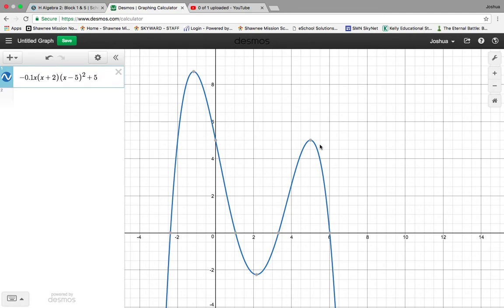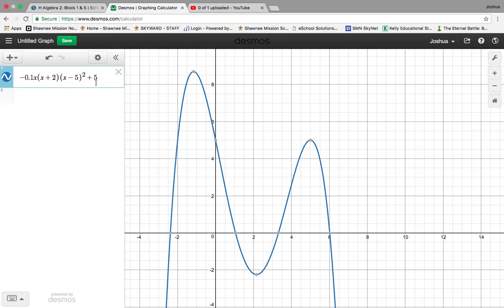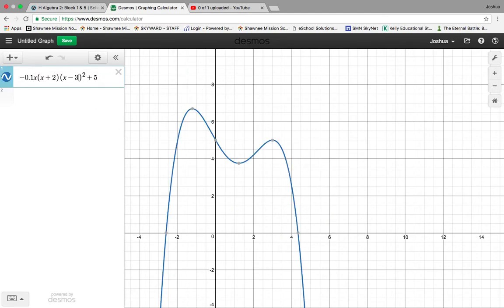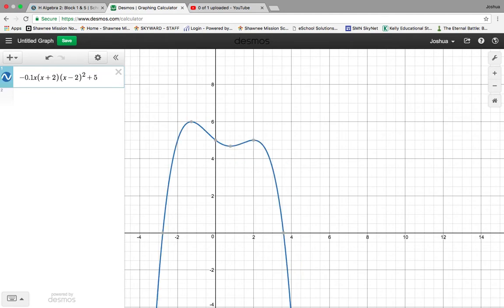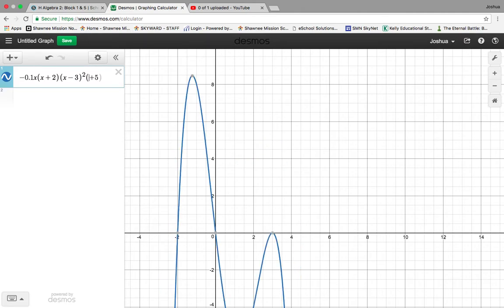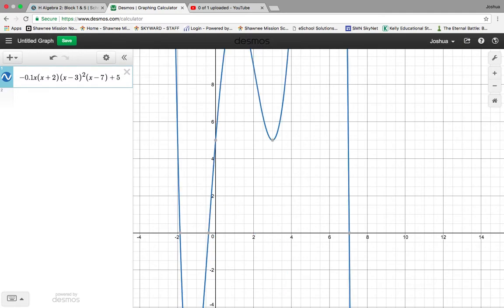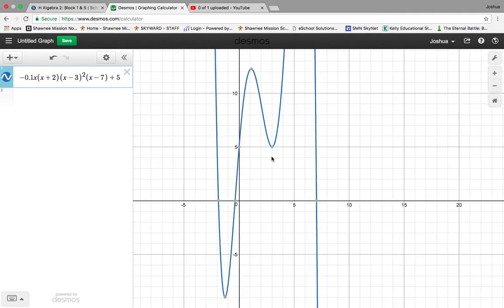I'm trying to get this second hill to be higher for you guys and figuring out how we can make that work. What does that look like?